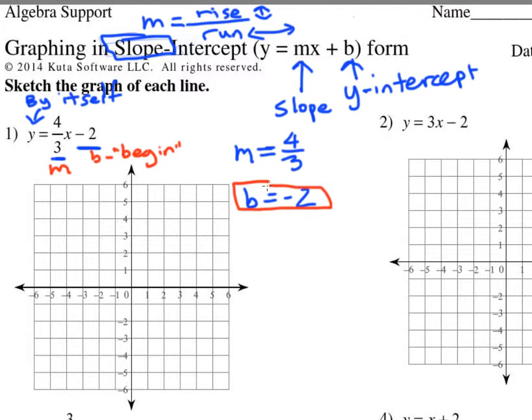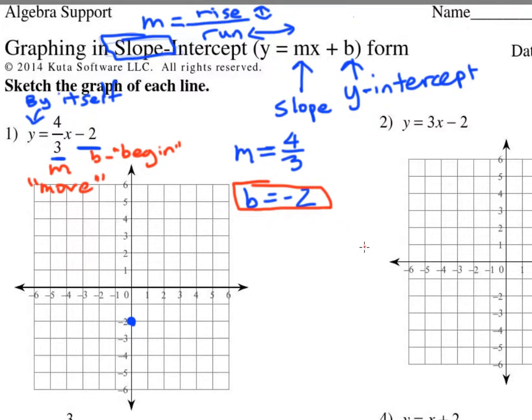We're going to begin with y equals -2. Remember, this is our y-intercept. So find -2 on the y-axis and put your dot right there. We begin there, and then m, it doesn't really stand for this, but it's a little trick: begin and then move.